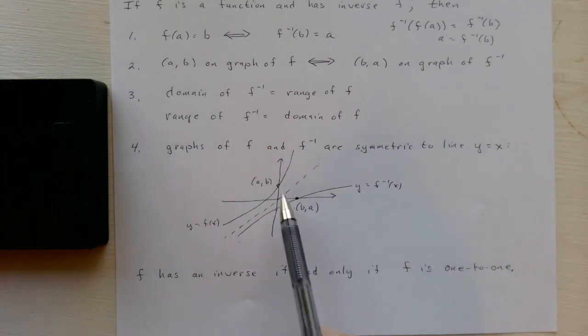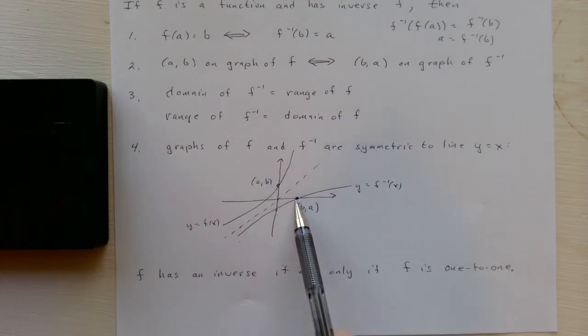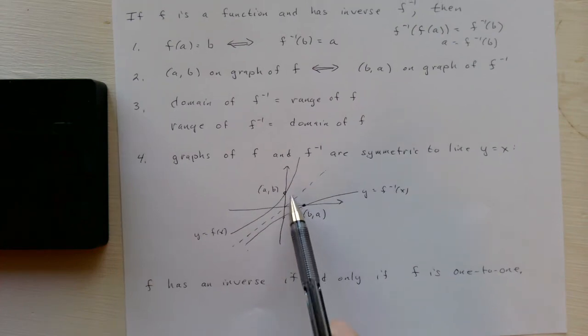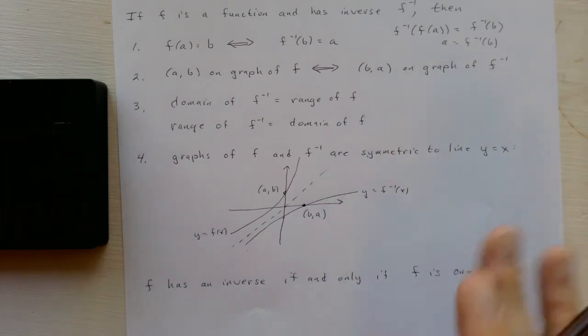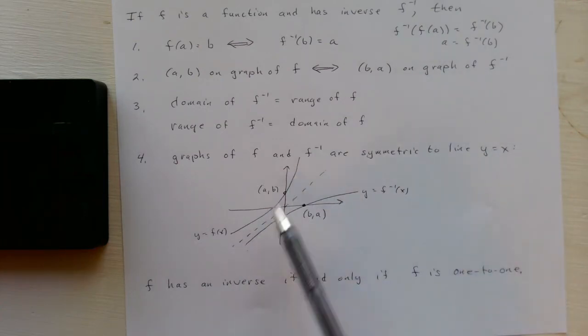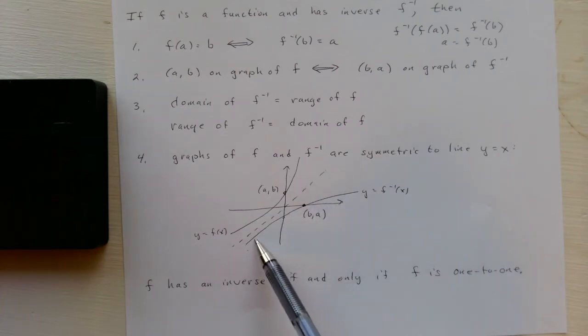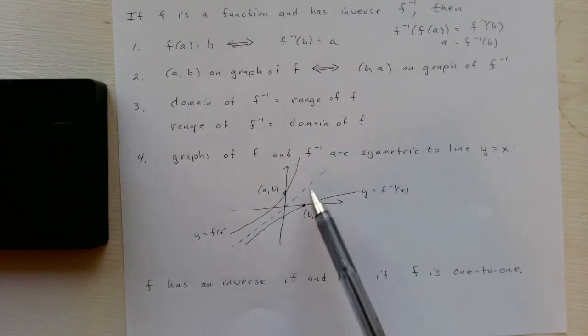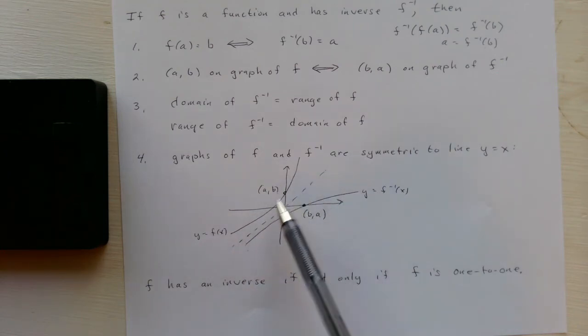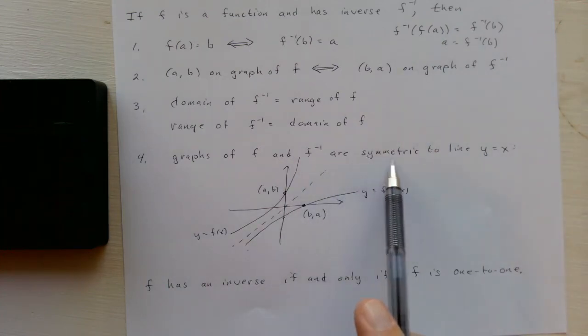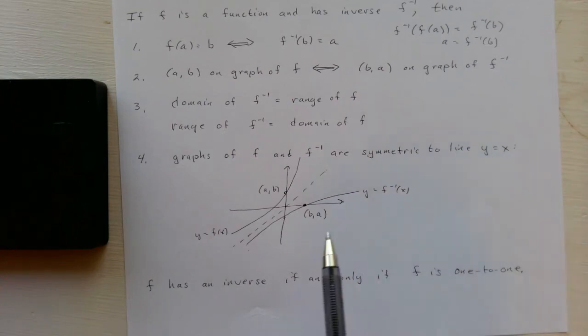That means, in other words, if you take a point and interchange the coordinates, you get a point that's directly across this line y equals x. So the graph of f and the graph of f inverse are symmetric. Now that's not to say that this graph always has to be on one side of this dotted line. It could cross, but then this corresponding graph over here has to cross as well. So the graphs are symmetric with respect to this line y equals x.